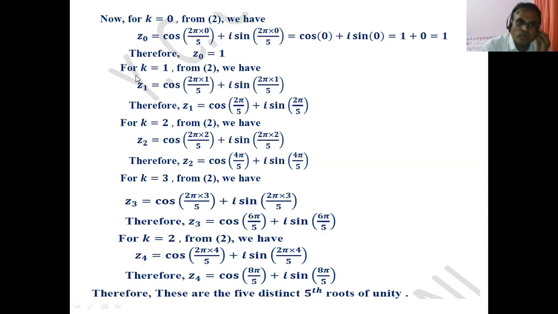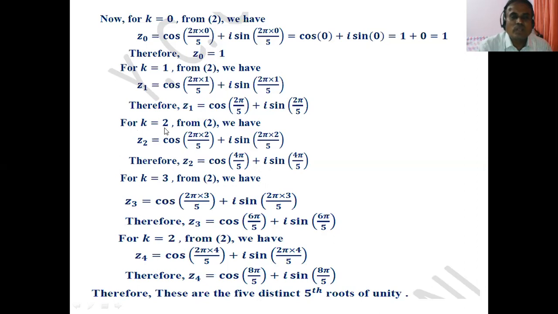Now we put k equal to 1 in equation 2. We have z1 equal to cos of 2 pi into 1 upon 5 plus i sin 2 pi into 1 upon 5, and therefore z1 equal to cos of 2 pi upon 5 plus i sin 2 pi upon 5. So this is the second root of the complex number.